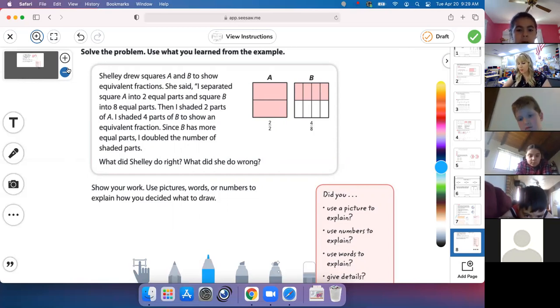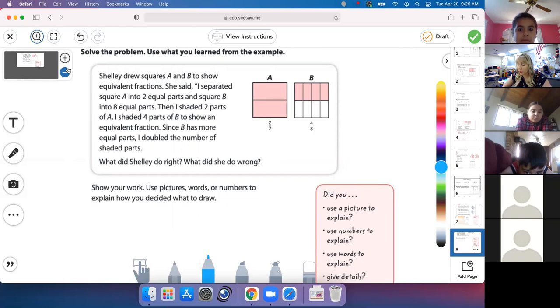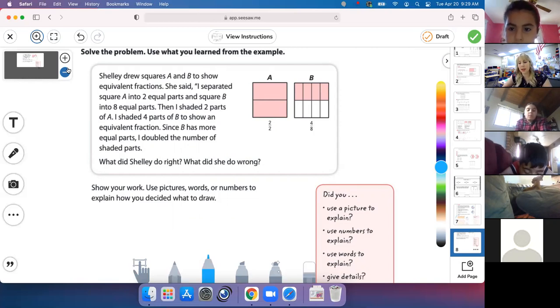She said, I separated square A into 2 equal parts and square B into 8 equal parts. Then I shaded 2 parts of A. I shaded 4 parts of B. Since B has more equal parts, I doubled the number of shaded parts.